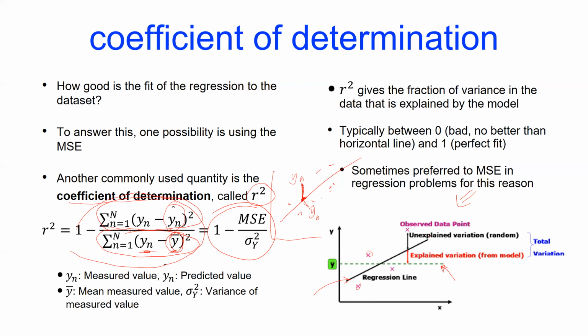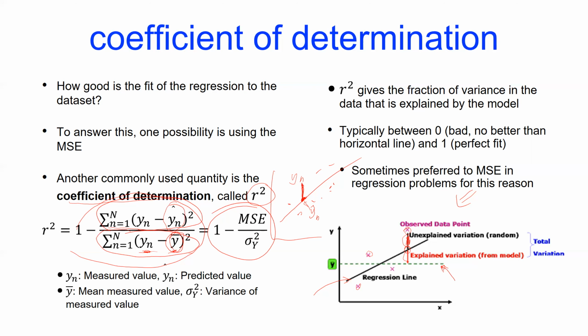If I can give you exactly your observation, then that is the ground truth. That is perfect, right? Then in the middle is what the model will tell you. So now what we try to measure is the proportion of these two, because this part is unexplained by your model.